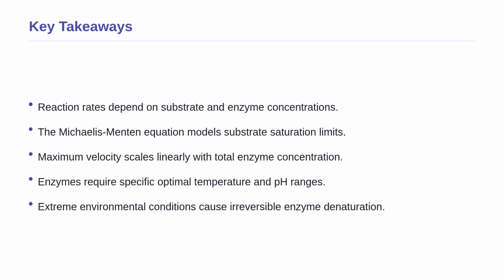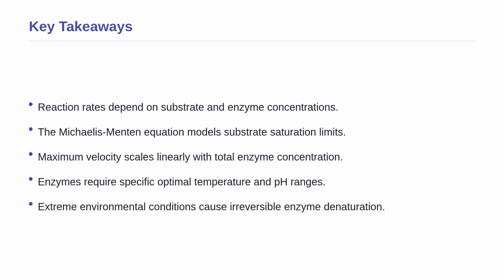We have covered a lot of ground today. Let us summarize the most important ideas. First, substrate and enzyme concentrations drive reactions forward by increasing productive collisions. Second, we saw through the Michaelis-Menten equation that enzymes can become saturated, reaching a maximum velocity.